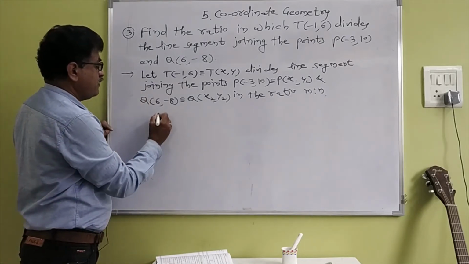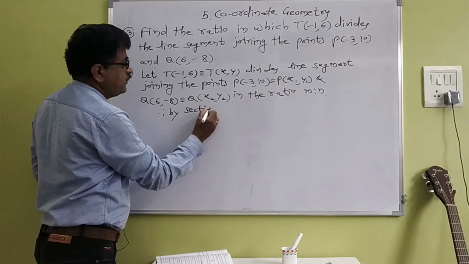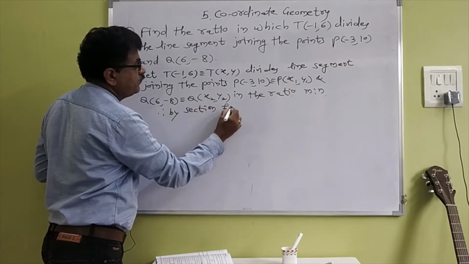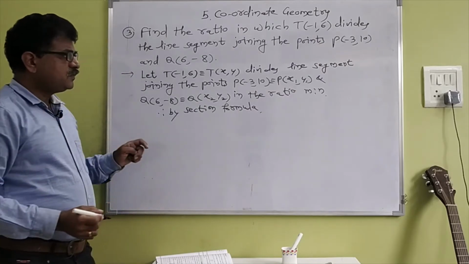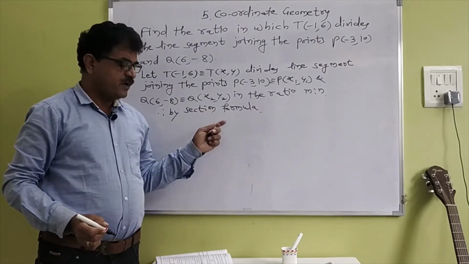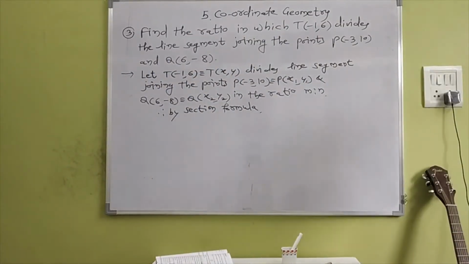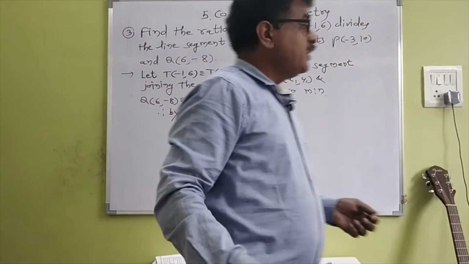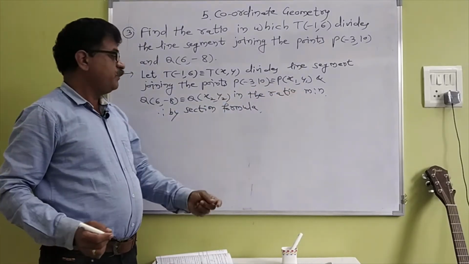Therefore, the section formula. We have to find only this ratio m is to n.